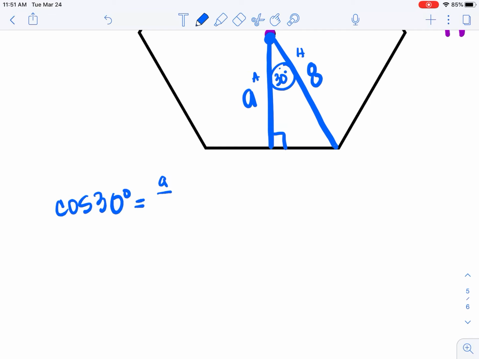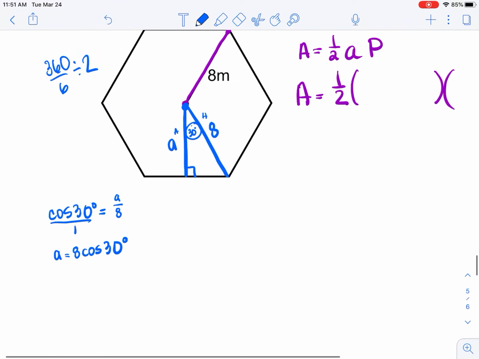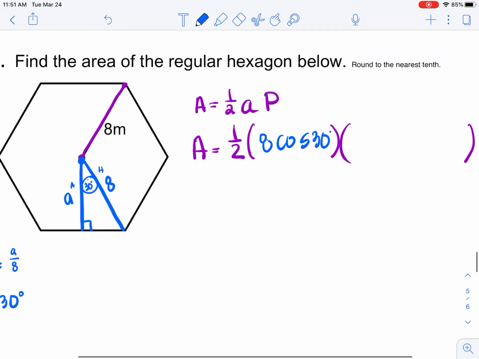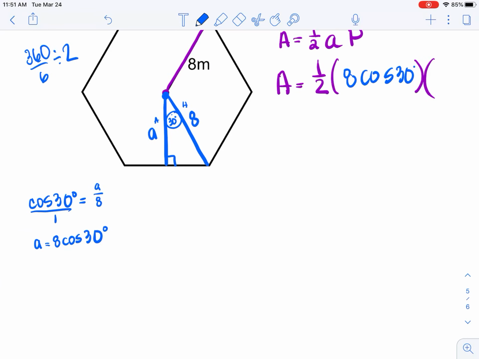So cosine of 30 degrees is equal to adjacent, which is A, over hypotenuse, which is 8. Cross multiply, and I get A is 8 times the cosine of 30 degrees. So I have my apothem. Come over here. 8 times the cosine of 30 degrees.